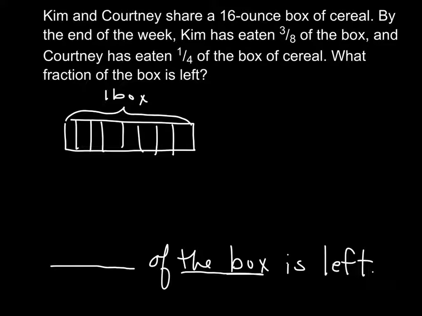So 3/8 here are going to be eaten by Kim, and I'm just going to use a K to stand in for Kim. And Courtney's eaten 1/4. I don't have my tape diagram divided into 4ths. I have it divided into 8ths, but I know that 2/8 is the same as 1/4.